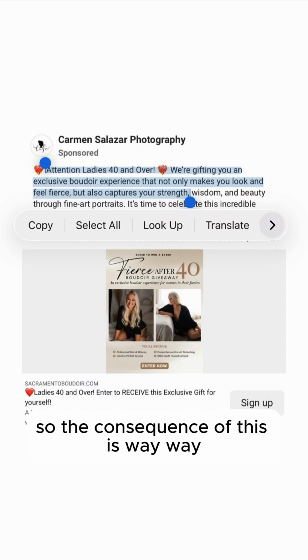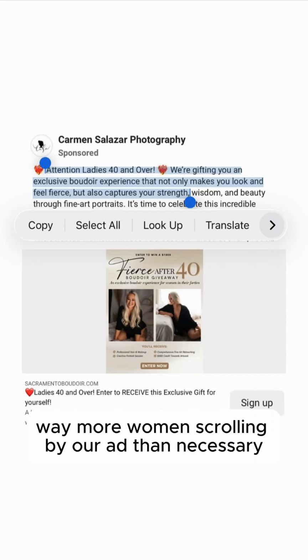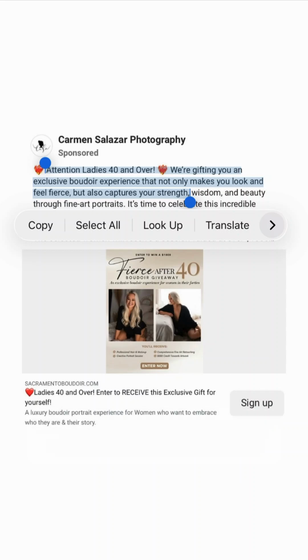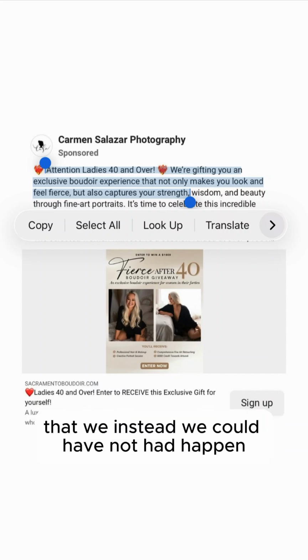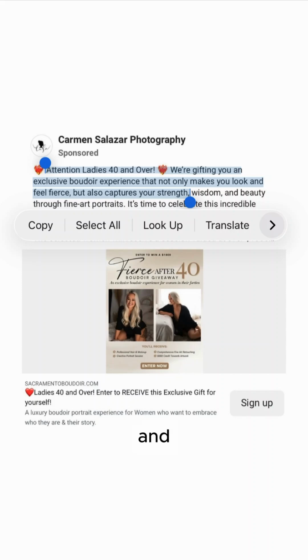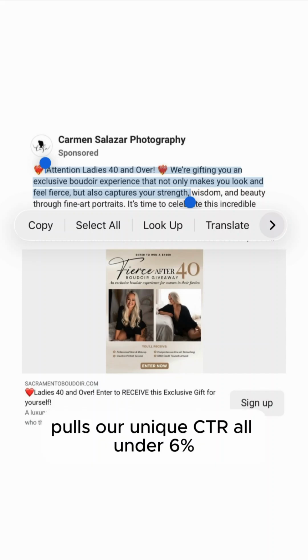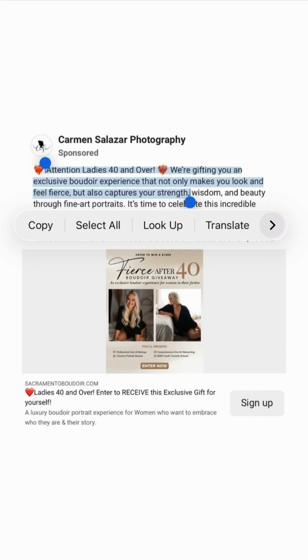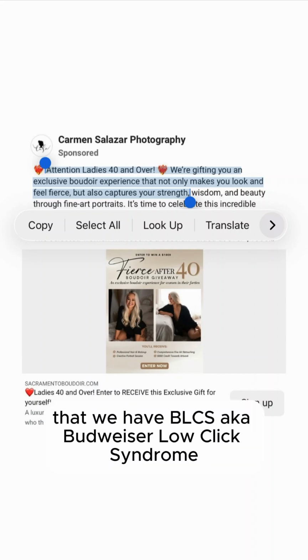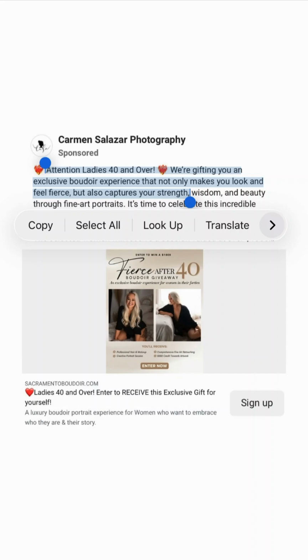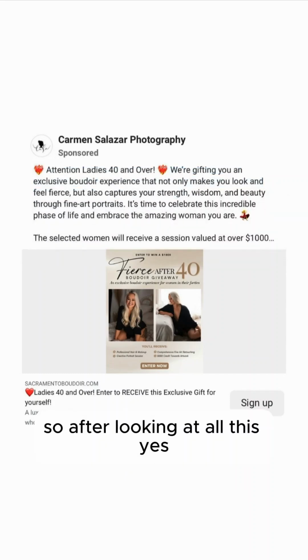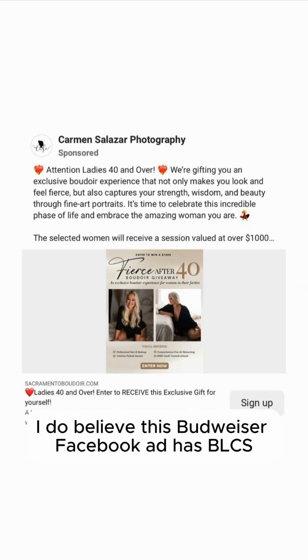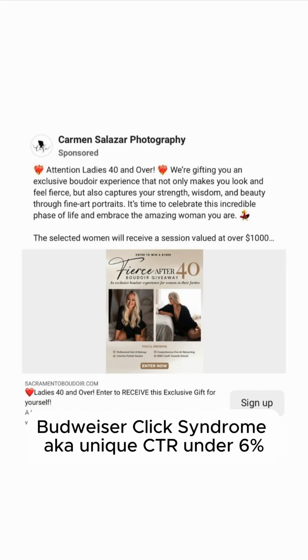The consequence is way more women scrolling by our ad than necessary, which pulls our unique CTR under 6% and increases the probability that we have BLCS, aka Boudoir low click syndrome. So after looking at all this, yes, I do believe this Boudoir Facebook ad has BLCS, aka a unique CTR under 6%.